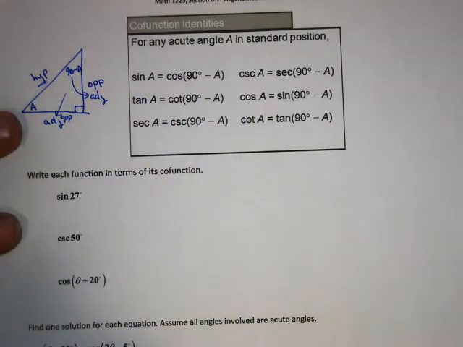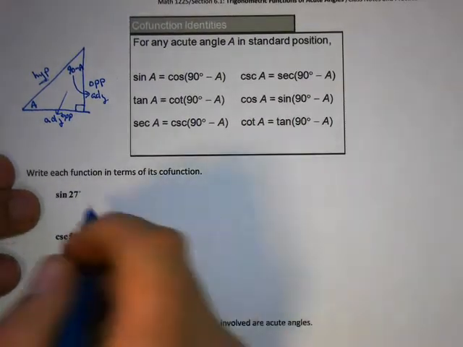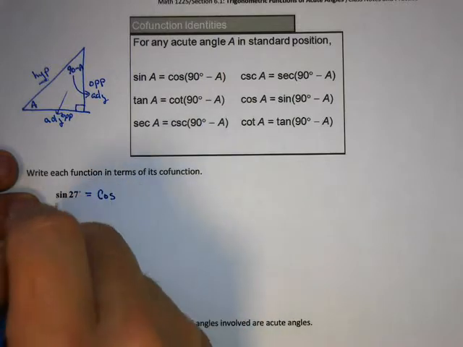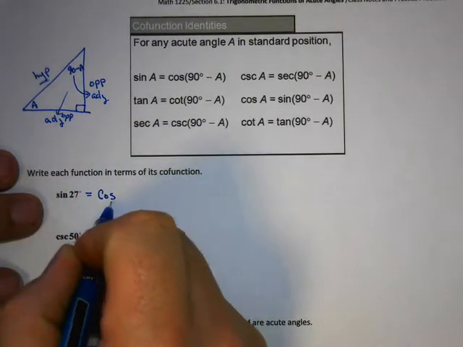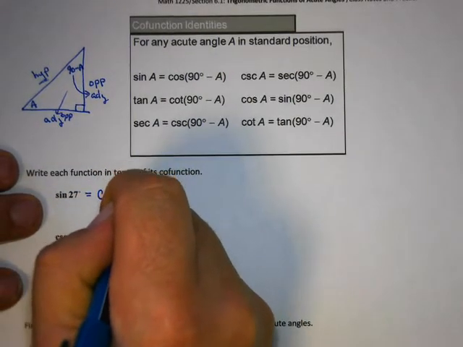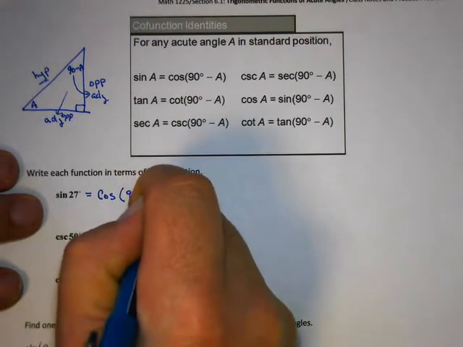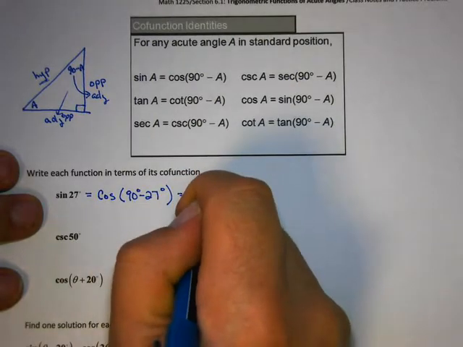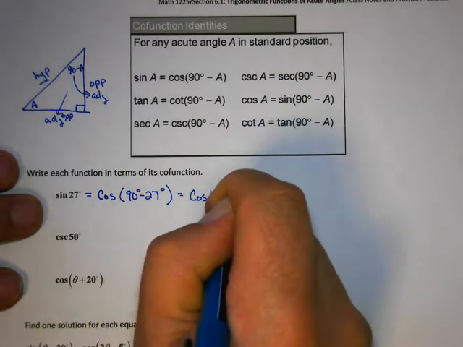So that's what that one's saying. So if we rewrite these now, sine of 27 degrees is cosine of 90 degrees minus 27 degrees. So this is going to be cosine of 63 degrees.